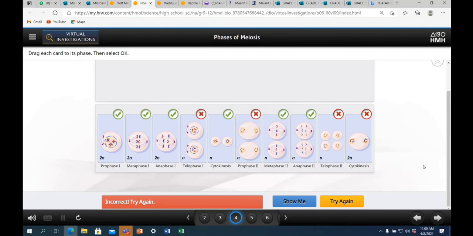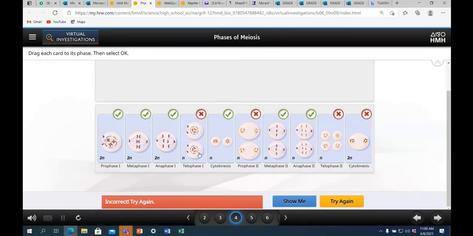Which one is wrong? Telophase 2 is wrong. Obviously, the cytokinesis over here is wrong. And prophase 2 is also wrong. And telophase 1 is also wrong. I think the one we put for cytokinesis 2 is supposed to be in telophase 1.